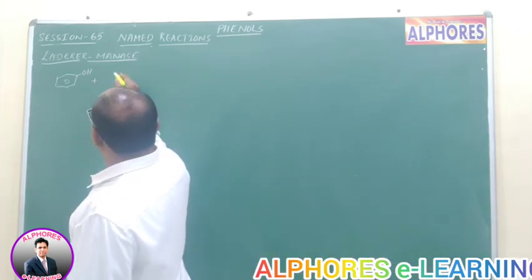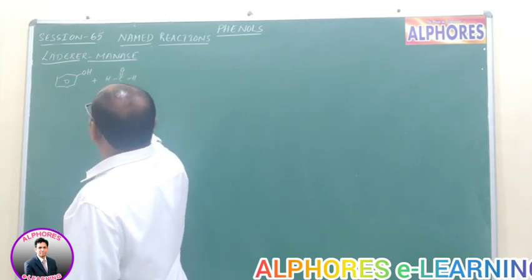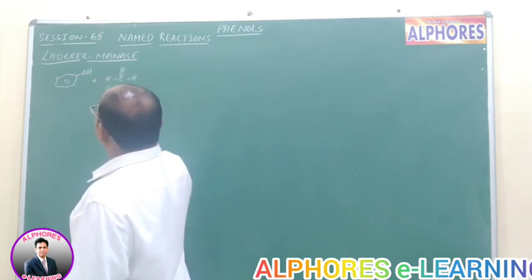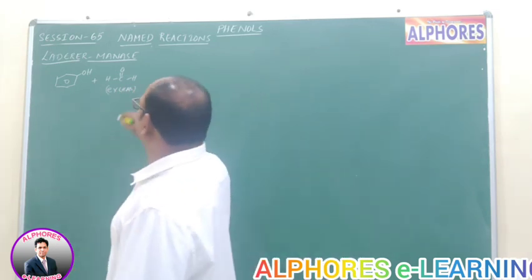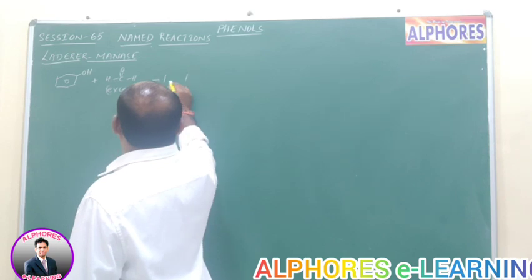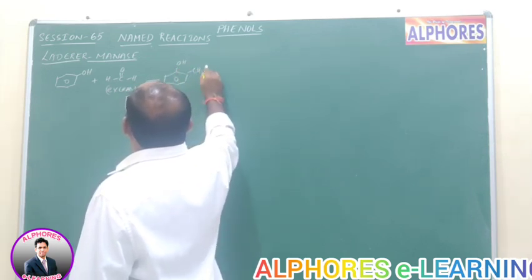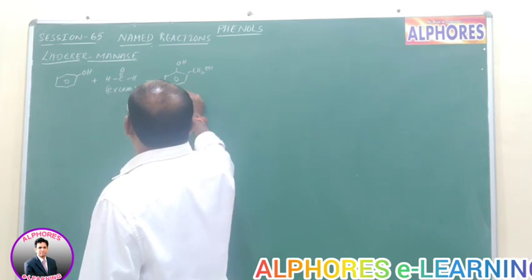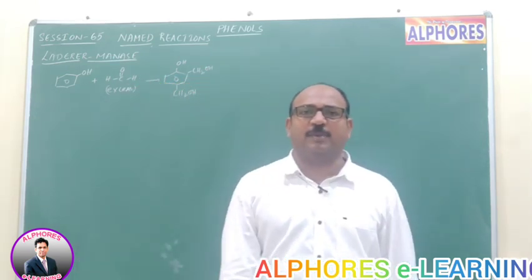In the Lederer-Manasse reaction, when we use excess formaldehyde, there is a possibility of substitution at both ortho and para positions.